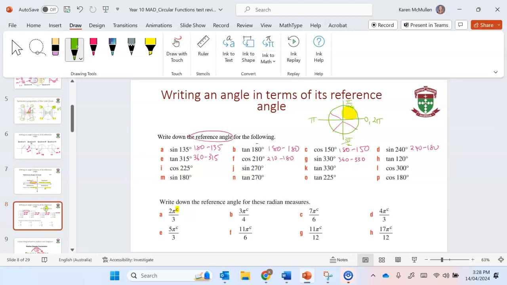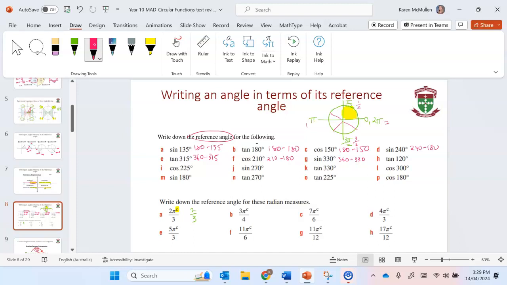So 2 pi on 3. Now, if you're ever unsure what that is, just think of it as a fraction without the pi in it. So if you think about it in terms of 2 over 3, and I might write this in pink on the unit circle I've got here, if we just ignore the pi, it's a little bit easier to understand where we are.